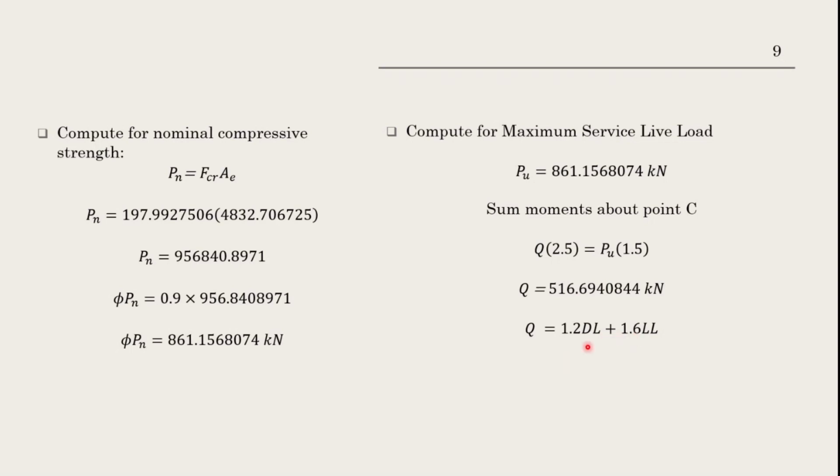So we have 516 equals 1.2 dead load plus 1.6 live load. Therefore, we can now compute the live load equals 191.683 kilonewtons. Okay? Any questions?